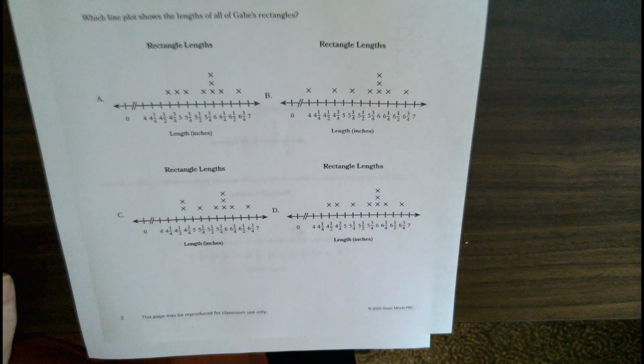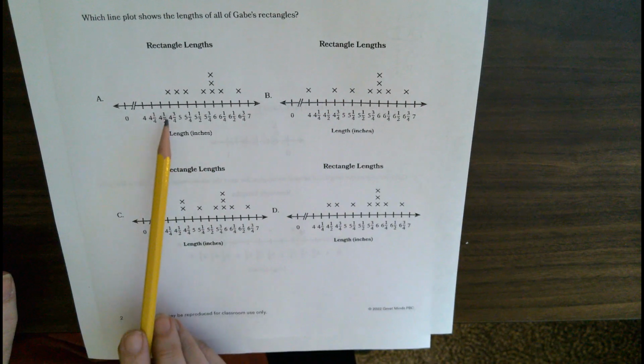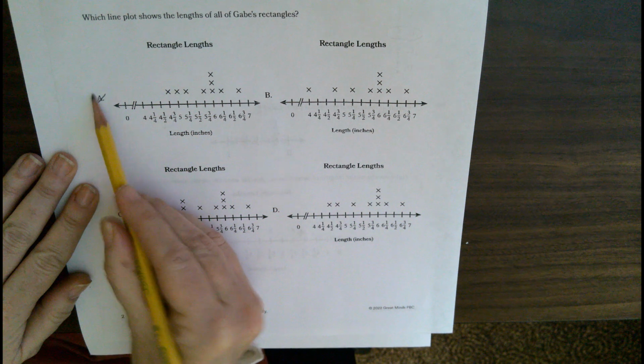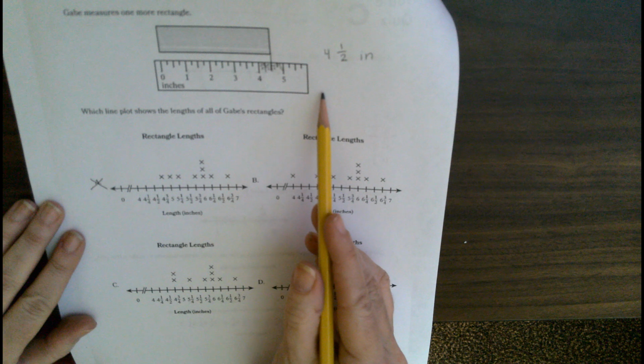When I look at my choices, the first choice does not have any rectangles plotted at the 4 1/2. Sorry, guys. I do not have any rectangles plotted here. This cannot be correct because my rectangle was 4 1/2 inches.